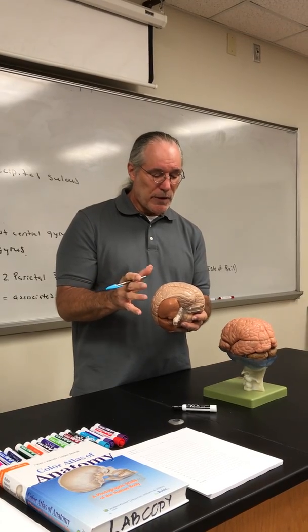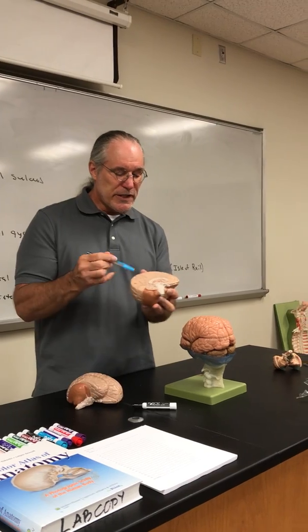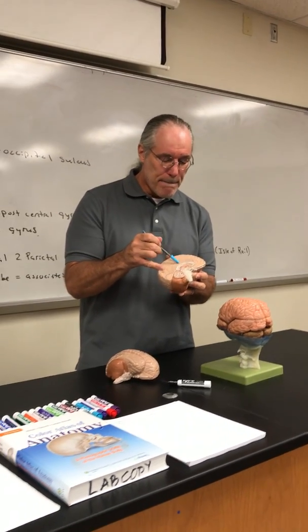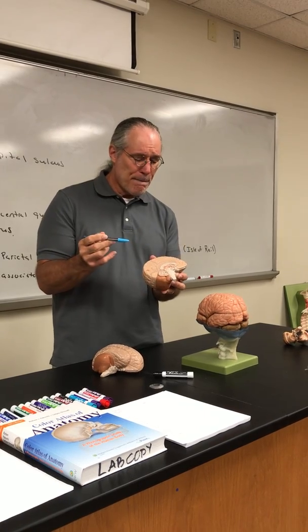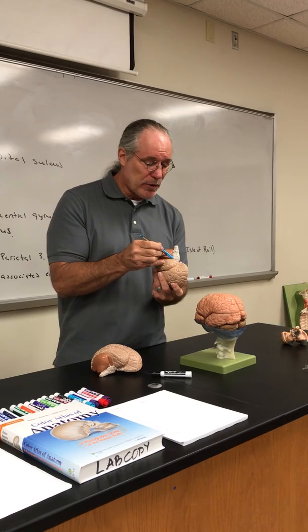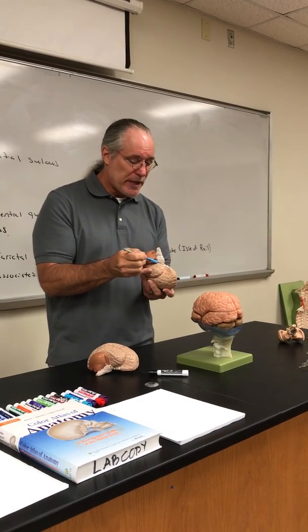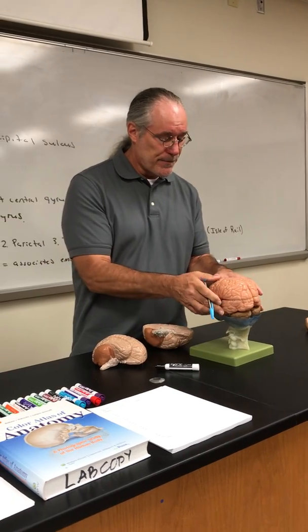Okay, and then we had a couple of the gyri that I mentioned. The cingulate gyrus is this one here, the part of the limbic system. And then we had the parahippocampal gyrus. The parahippocampal gyrus kind of surrounds the brain stem.